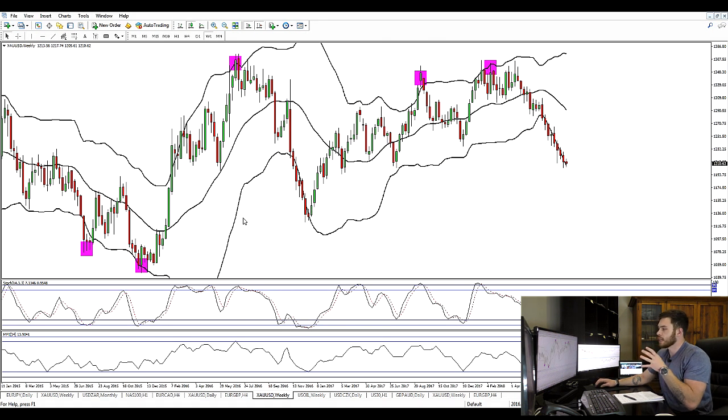So what this allows us to identify is that if we look at that level, we had 6 times that the candlestick was below the level. What do we see over here? We have 1, 2, 3, 4, 5, 6, 7, nearly 8 times that the Bollinger Band has been broken by bearish candlesticks on the weekly time frame.